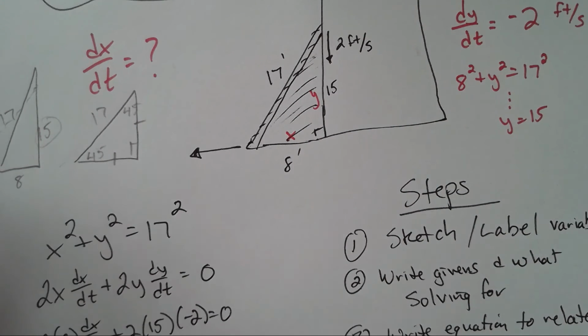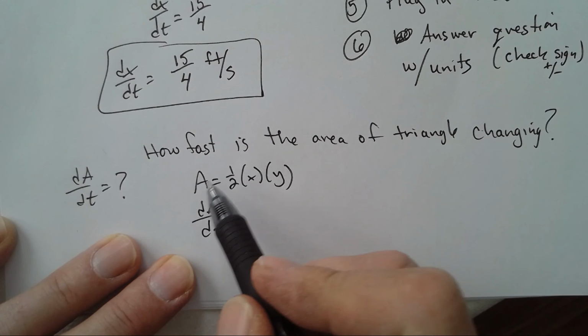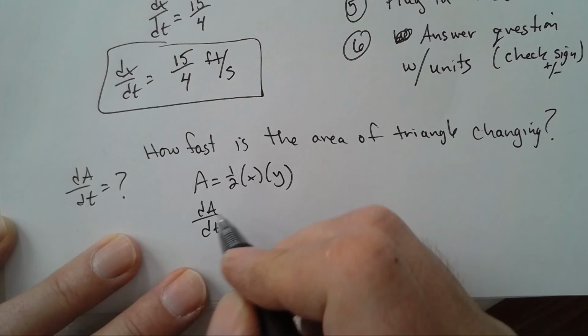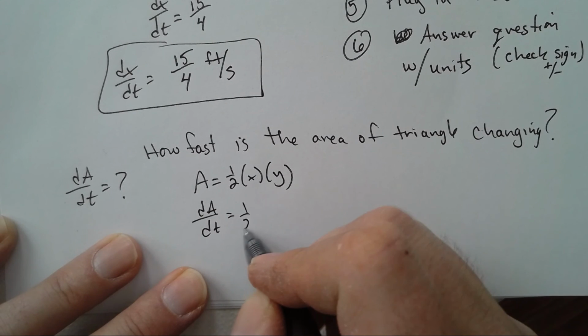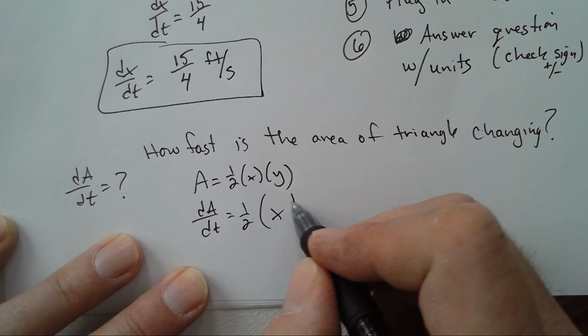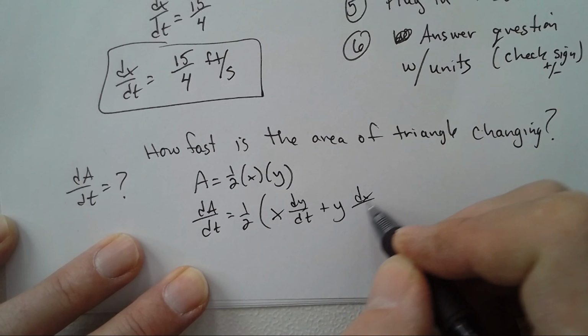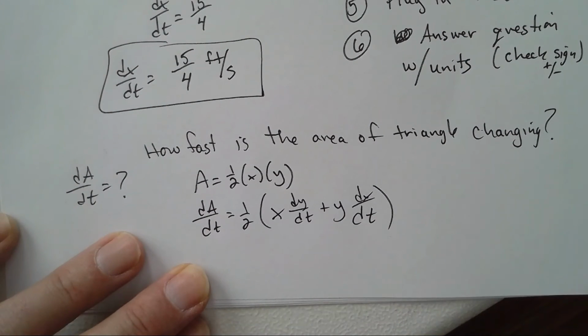So now we can find the derivative with respect to time. That's dA/dt. How fast is area changing with respect to time? Equals, we'll do a product rule. I'll float the 1/2. So x dy/dt plus y dx/dt. dA/dt is what we're looking for.